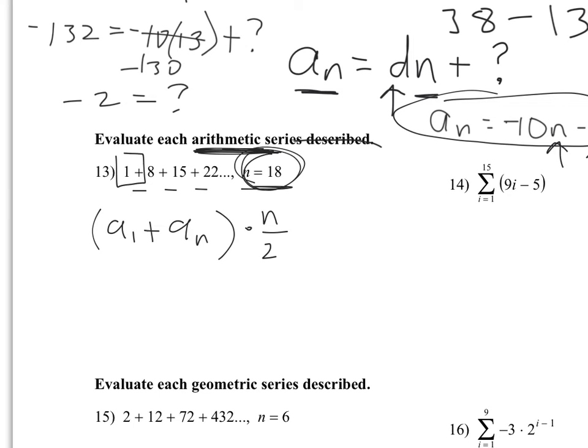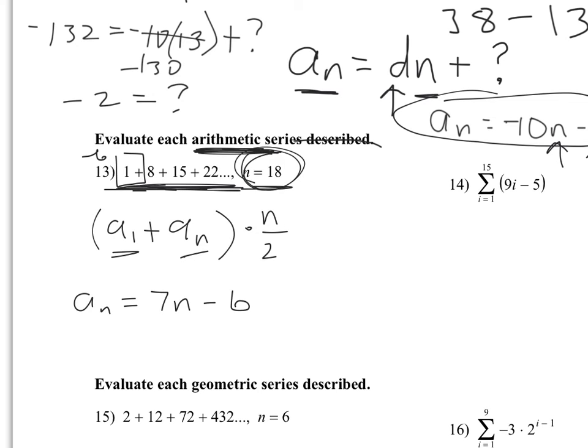We know the first term is 1, so that goes there, but we don't know the last term, a sub n. But using the first 4 terms given, we can quickly generate an explicit formula. A sub n equals the common difference 7n, and then minus 6 as a 0 term, or a term in front of the first term.